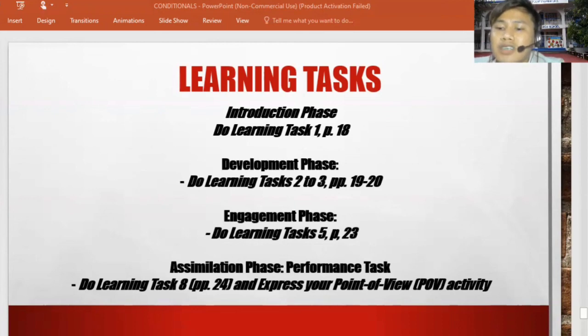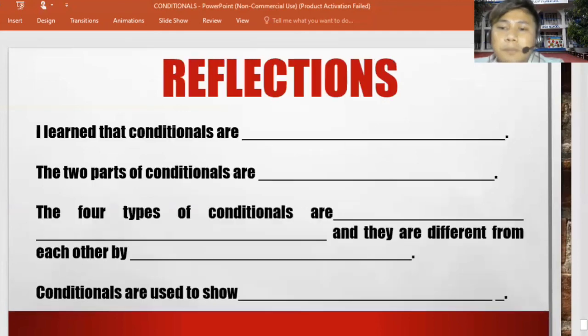So let me just bring the slide on your screen. In your reflections, you are just going to answer the following. I learned that conditionals are. Next, the 2 parts of conditionals are. And next, the 4 types of conditionals are. And they are different from each other by what?